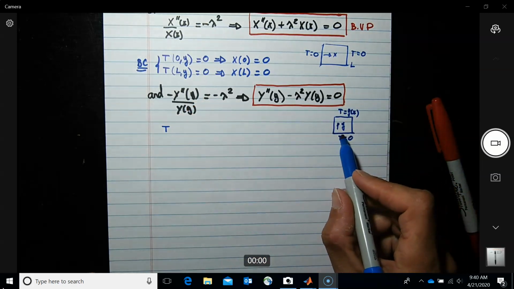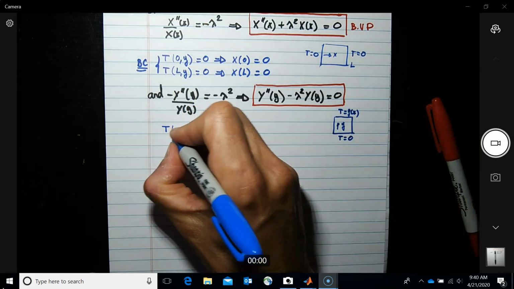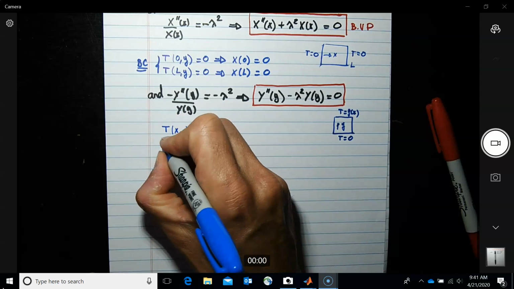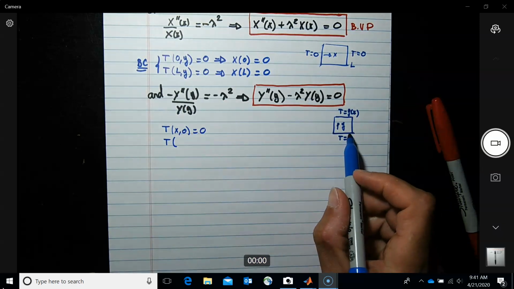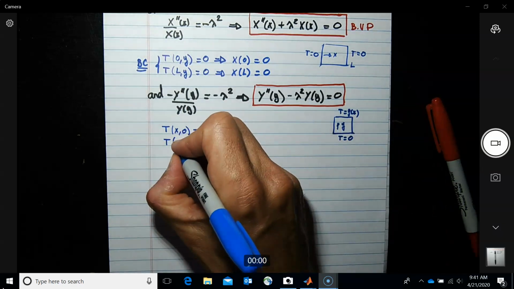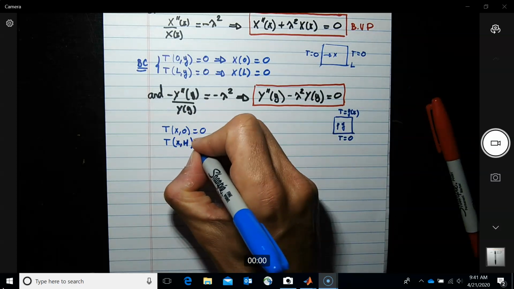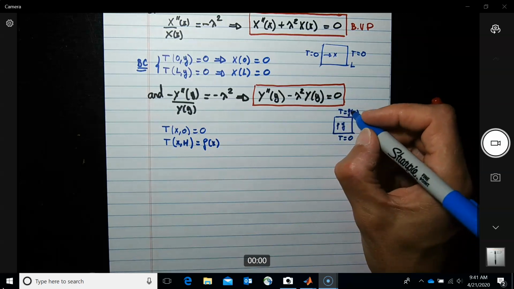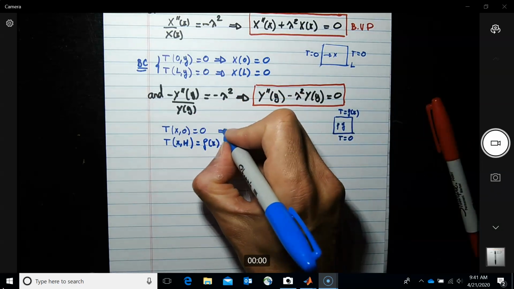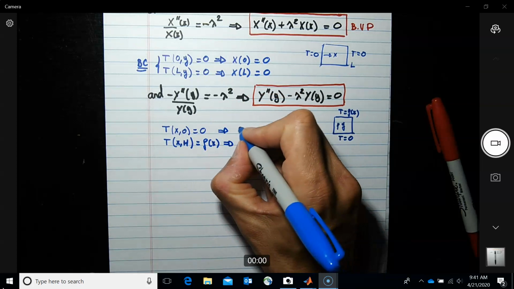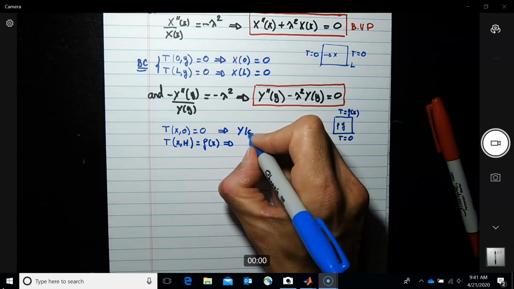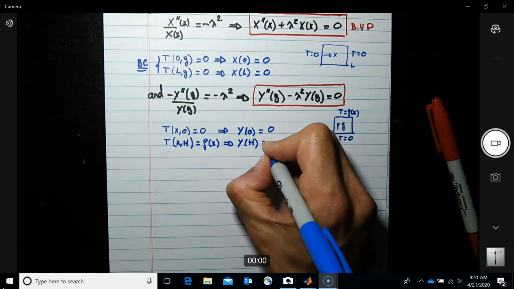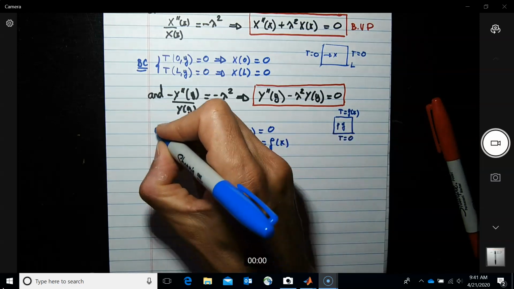T of x, 0 will be equal to 0, and T of x, H will be equal to f of x. All right, so this will give you that Y at 0 equals 0, and this will give you that Y at H will be equal to f of x.